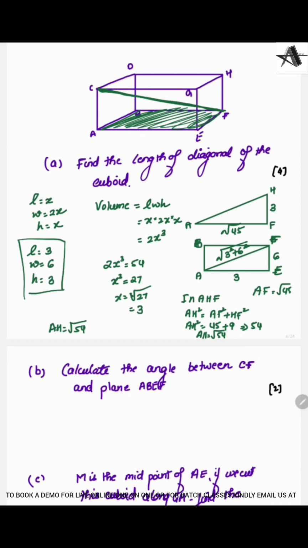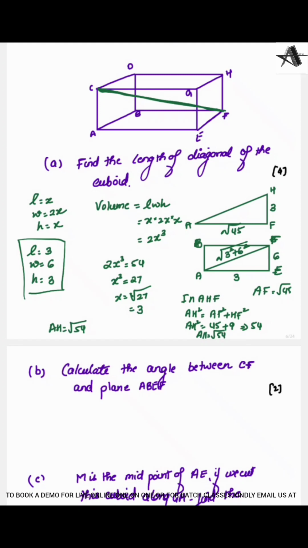Whenever they are asking you to calculate the angle between a line and a plane, you are supposed to form a triangle and select the diagonal of that plane. Again, I'll be repeating, the angle between CF. Obviously, we are more in the habit of finding the angle between two lines instead of a plane and a line. Whenever they are talking about a plane, that means you have to draw the diagonal of that plane.